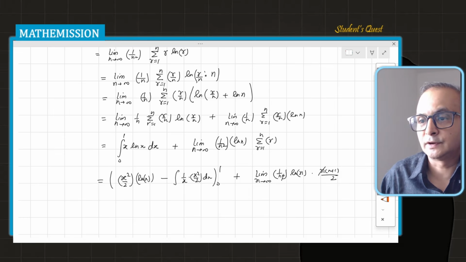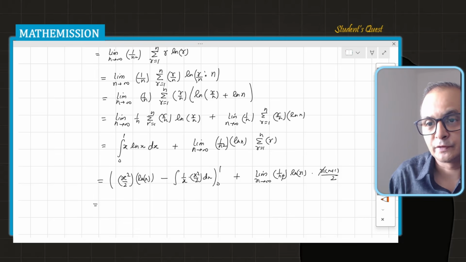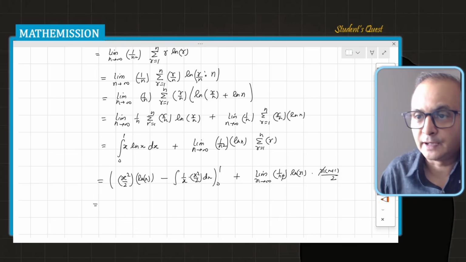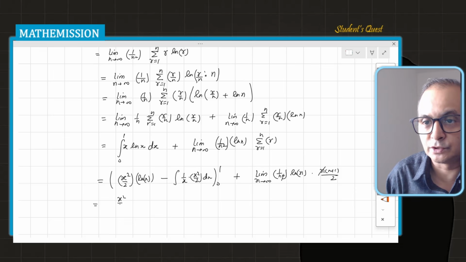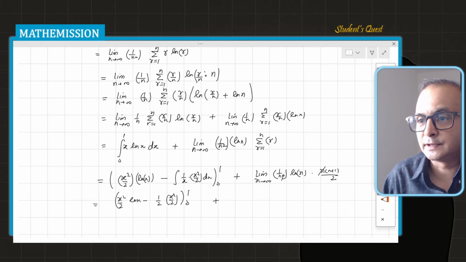This n and this n will get cancelled. So here what we get is actually x square by 2 log x minus 1 by 2, and again x square by 2. Yes, so 0 to 1, and this is going to be with the limit.